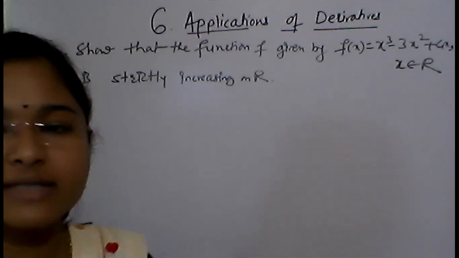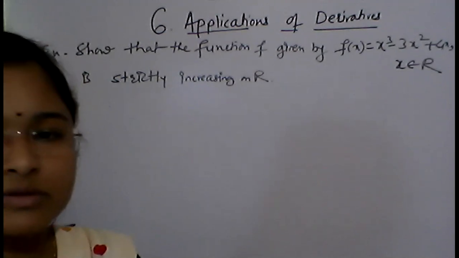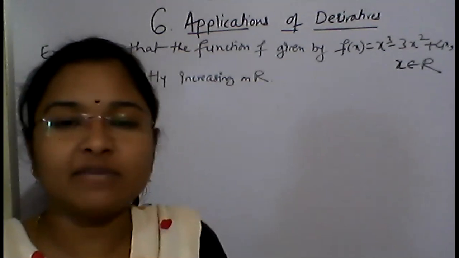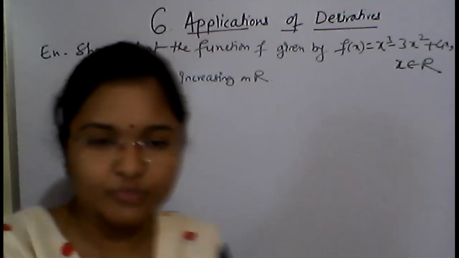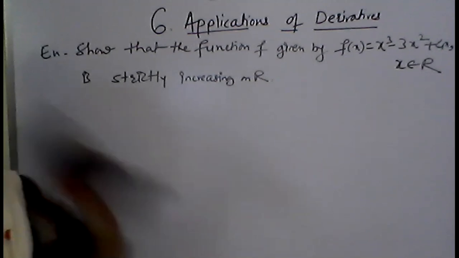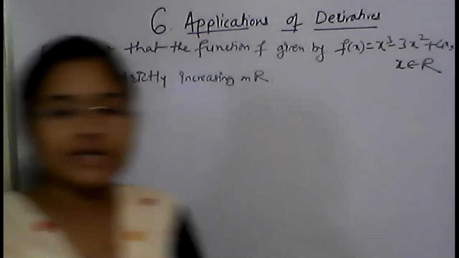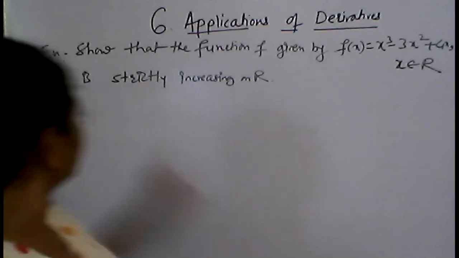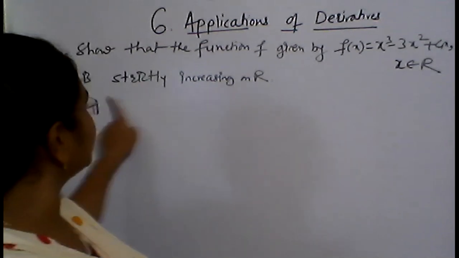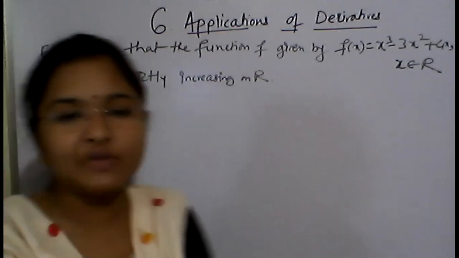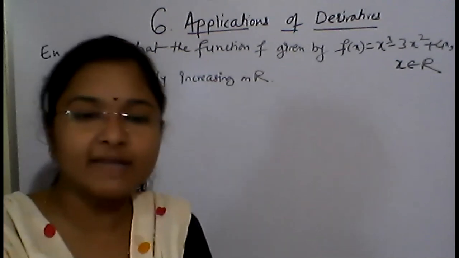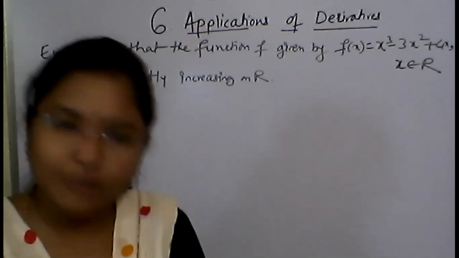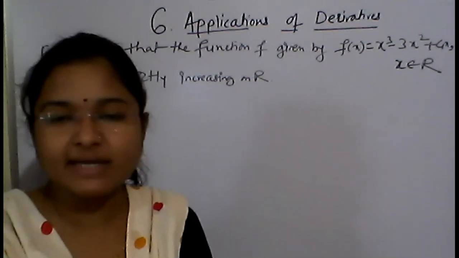We have to first write the function, then we'll find the derivative. Then what we have to do? After finding the derivative, we have to show it is strictly increasing. So what do we need, a positive or a negative derivative? Positive. Positive, yes.